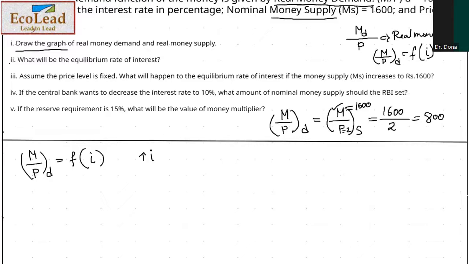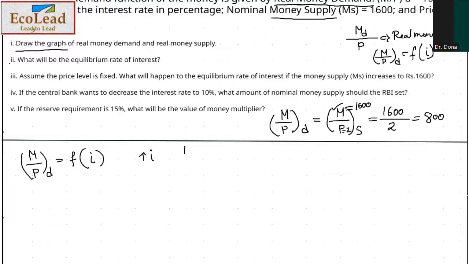So in this case, if the nominal interest rate goes up, people will prefer to keep the money in the banks or in deposits so that they can earn interest on it rather than holding it in their hands, because if people hold the money in their hands, definitely it doesn't earn any interest, right?